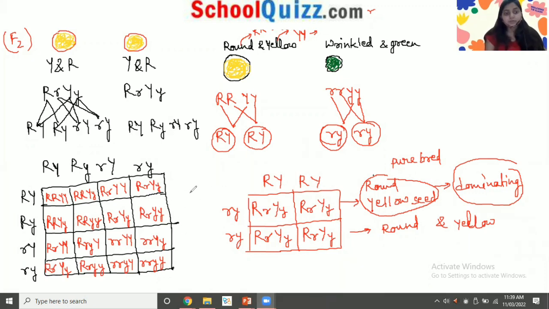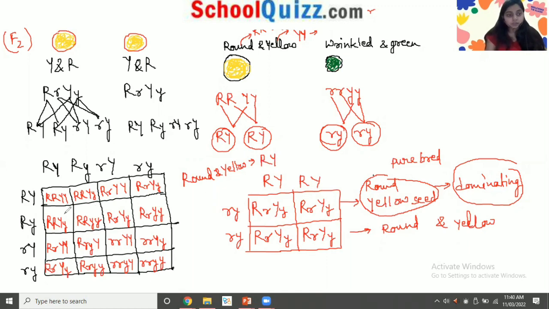Now let's see, from these two round and yellow seeds, what type of seeds we will find. For the round and yellow seed, there must be a combination of capital R and capital Y at least.